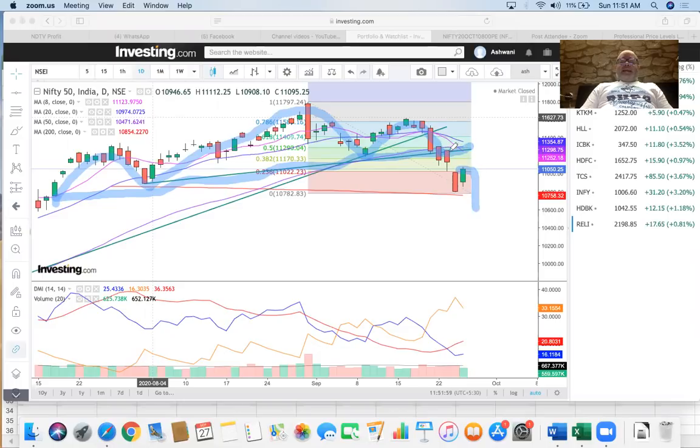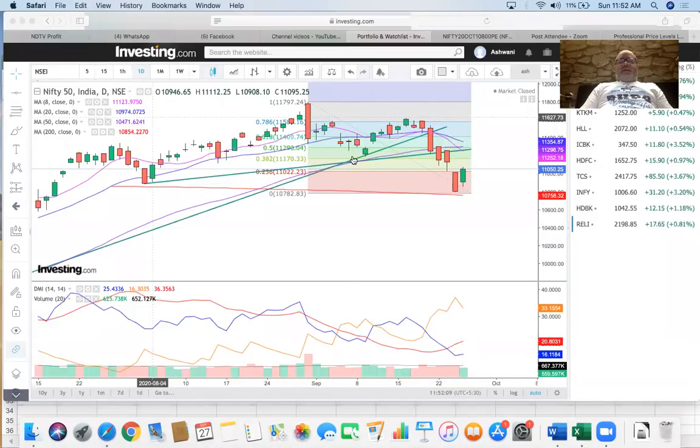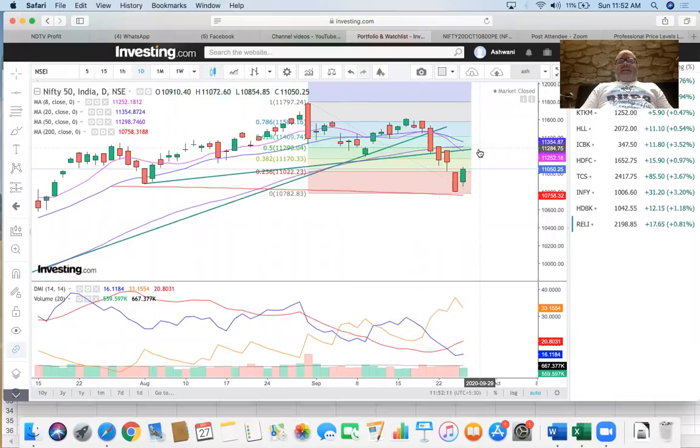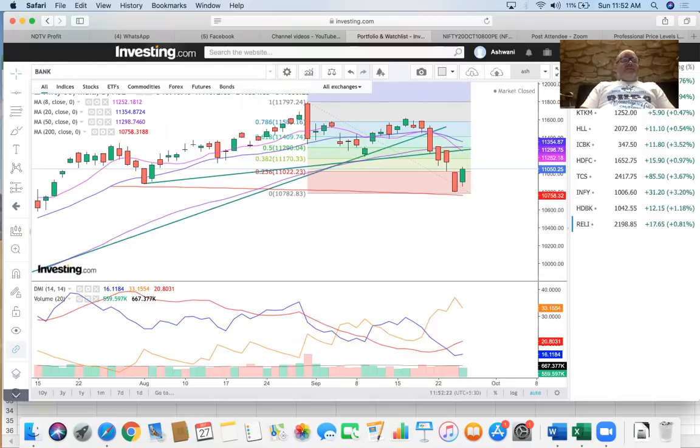And we can get up to these zones where the market could find a bit of resistance. What zone is this? This is again 11,250, 260. This is the neckline. Okay. So this is as far as the Nifty is concerned.